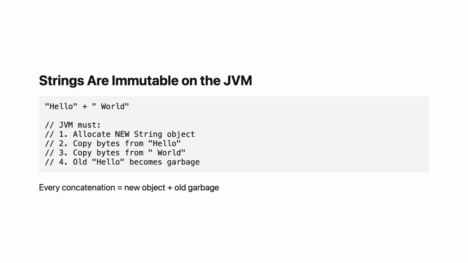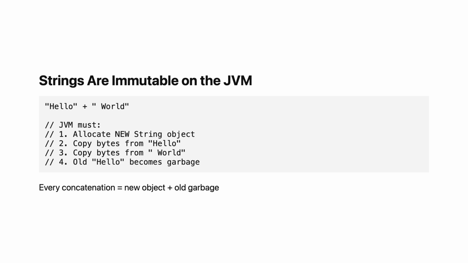It must create a brand new string object, allocate memory, copy the bytes from hello, copy the bytes from world, and give you a reference to this new object. The old hello string is untouched, sitting in memory, waiting to be garbage collected. One concatenation, one new object, one old object that becomes garbage.